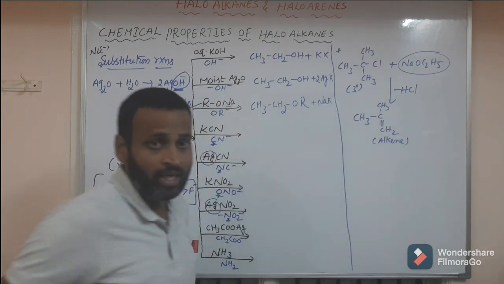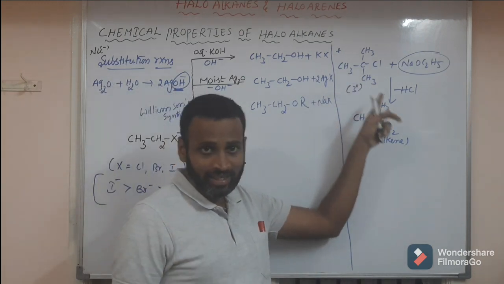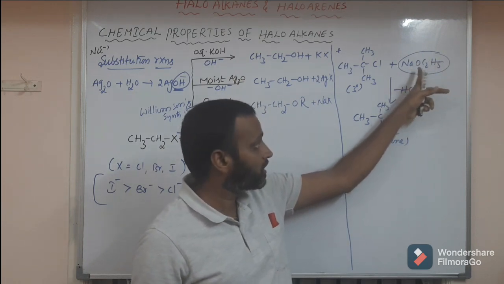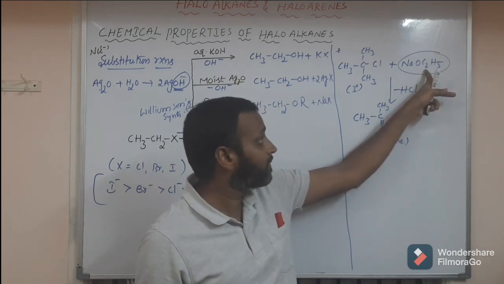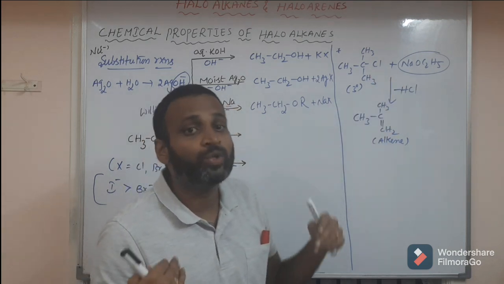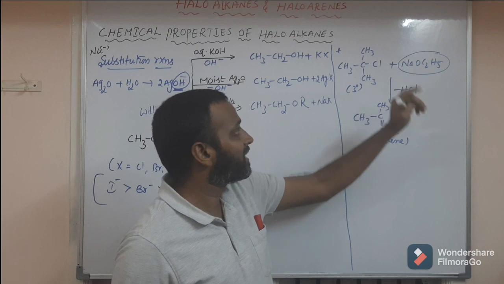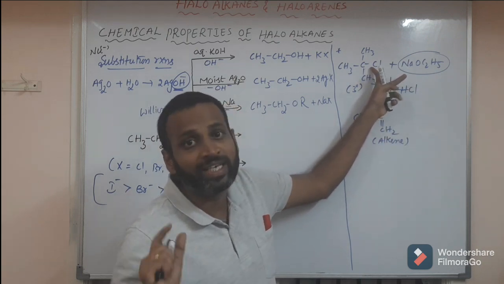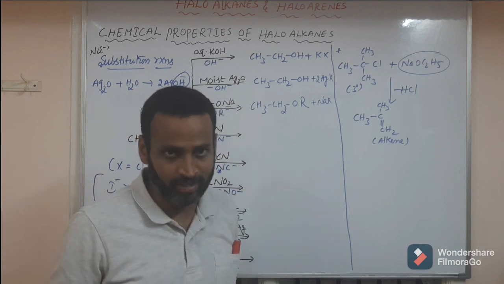When I repeat, if the alkyl halide is tertiary and you are treating it with sodium alkoxide, here sodium ethoxide, what do you expect? By removing NaCl, you expect OC2H5 instead of Cl. That's not happening actually.